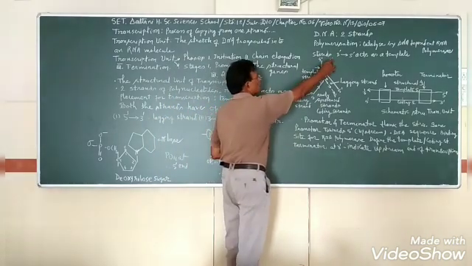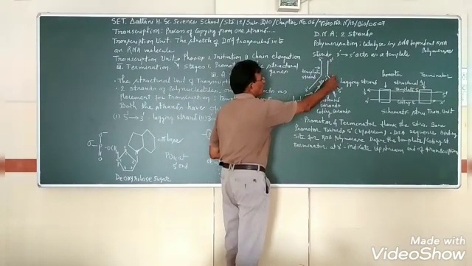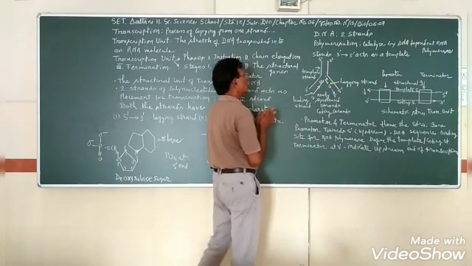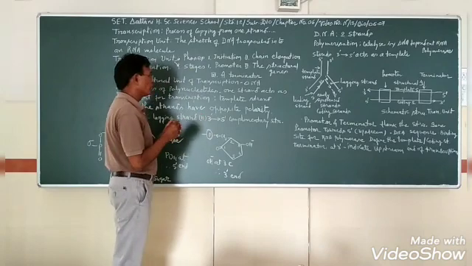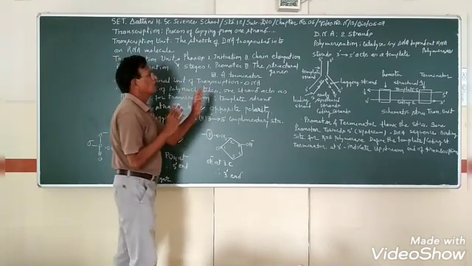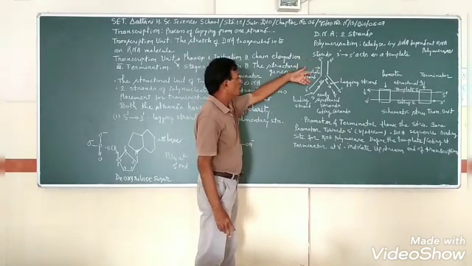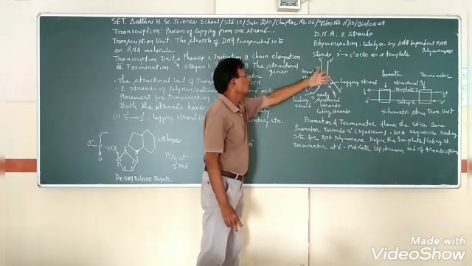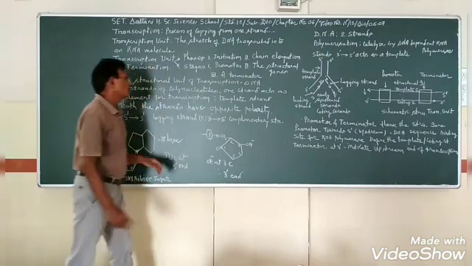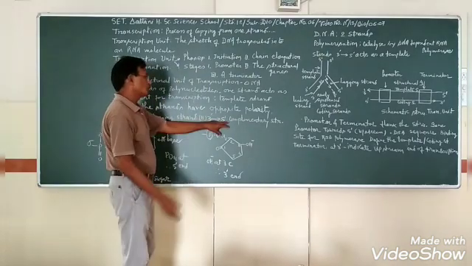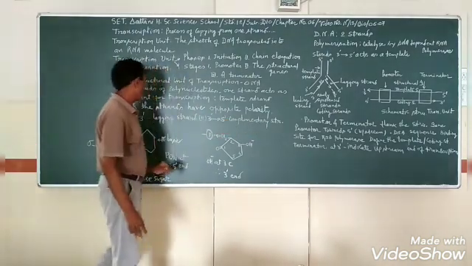See, it is described here 3 prime to 5 prime. Both of them are complementarily joined. So there are 2 polynucleotide strands. One of them is 5 prime to 3 prime, the other is 3 prime to 5 prime, and so the other one is called the complementary strand.